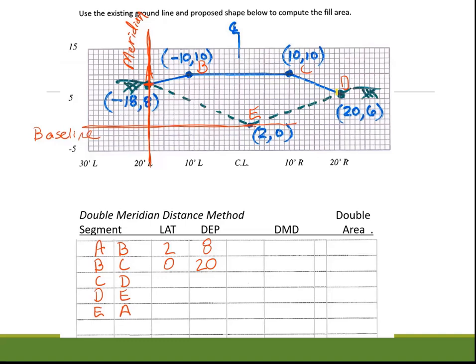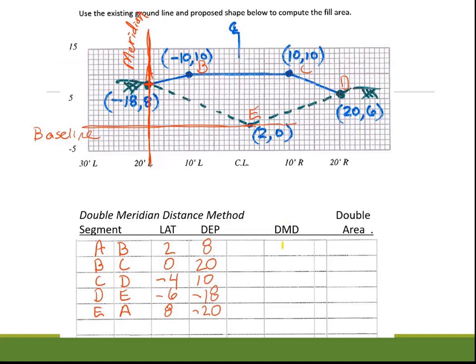From C to D, latitude changed by -4, departure changed by 10. From D to E, latitude changed by -6, departure changed by -18. From E to A, latitude changed by 8, departure changed by -20.